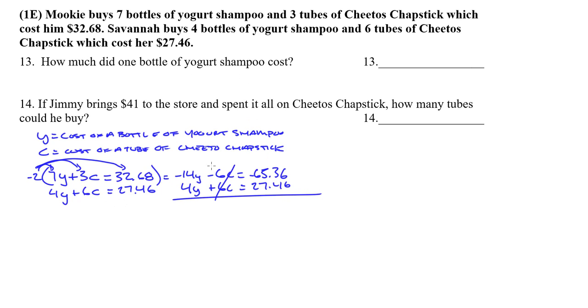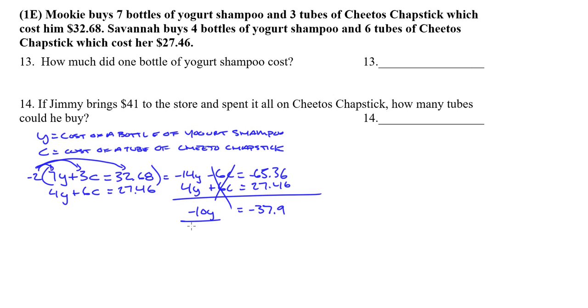When I add these two lines together, the c's drop out. We get -10y equals -65.36 and 27.46, which gives us -37.90.